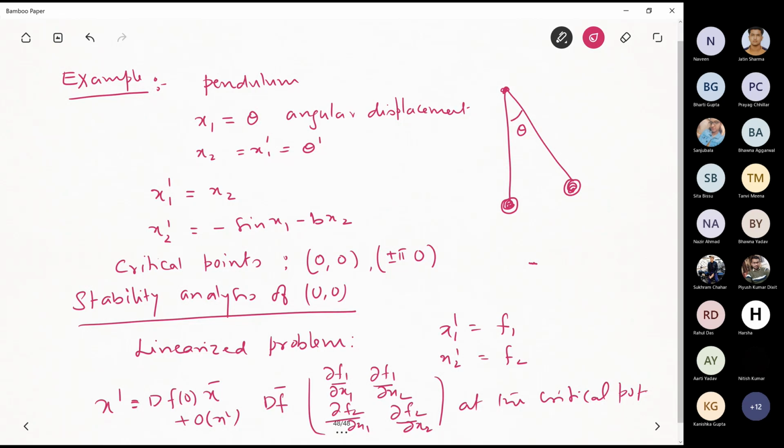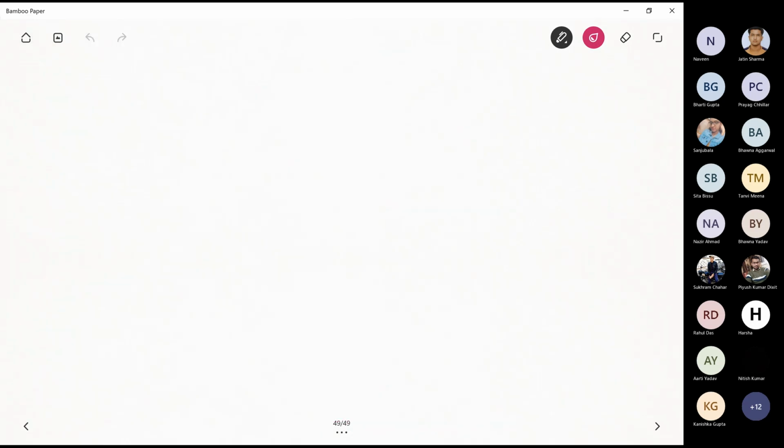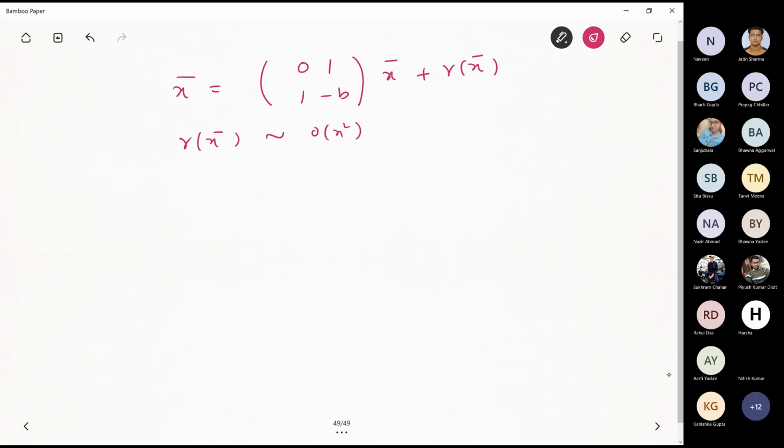So you can write the linearized system like this: x prime equals the matrix [0, 1; 1, minus b] x, plus the terms which are of higher order, right? So this Rx is of higher order, Rx is like order of mod x squared as x goes to 0.